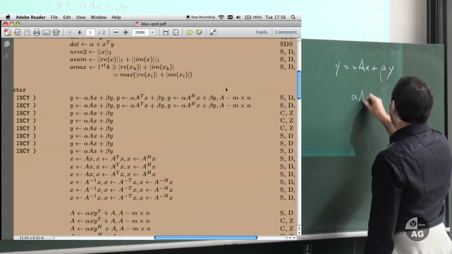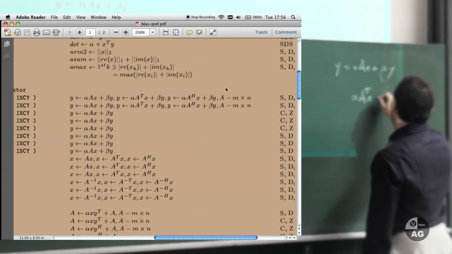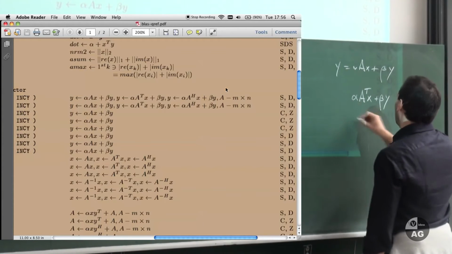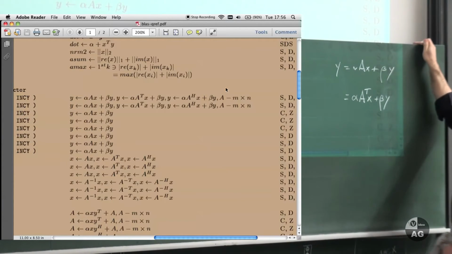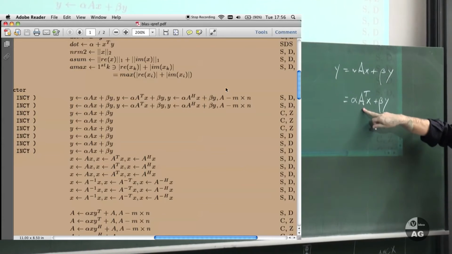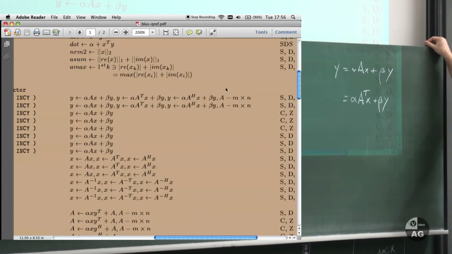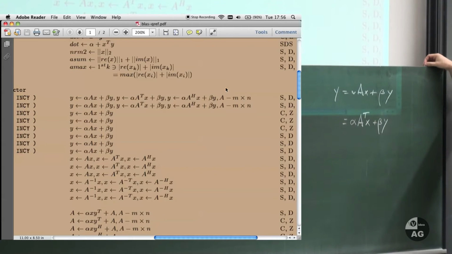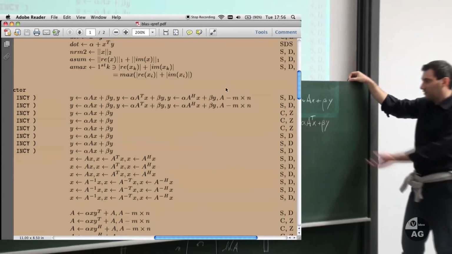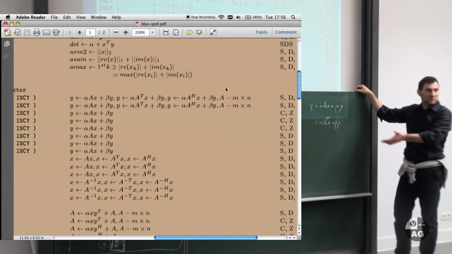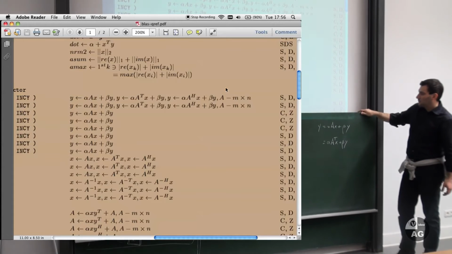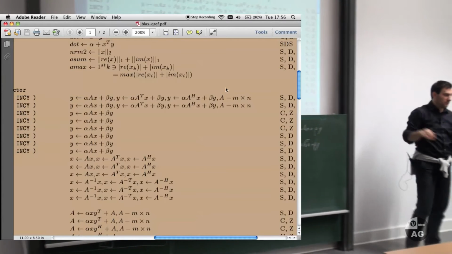But the same function can also perform this. So even though you pass a matrix A, you can perform the product between A transpose and x. So you don't have to call different kernels whether you want to multiply a matrix or its transpose. BLAS does all of that for you.